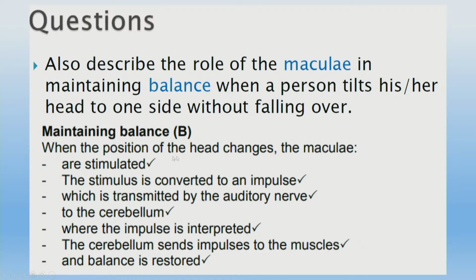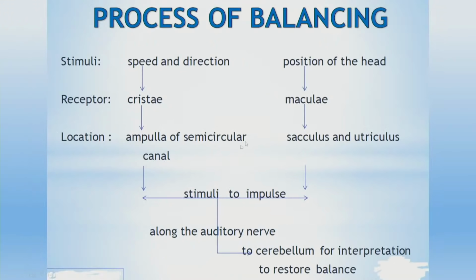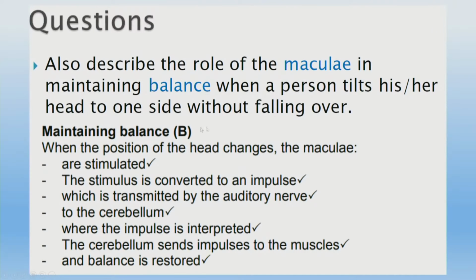When the position of the head changes, the maculae are stimulated. You remember that we have said that the maculae have to do with the change in the position of the head.